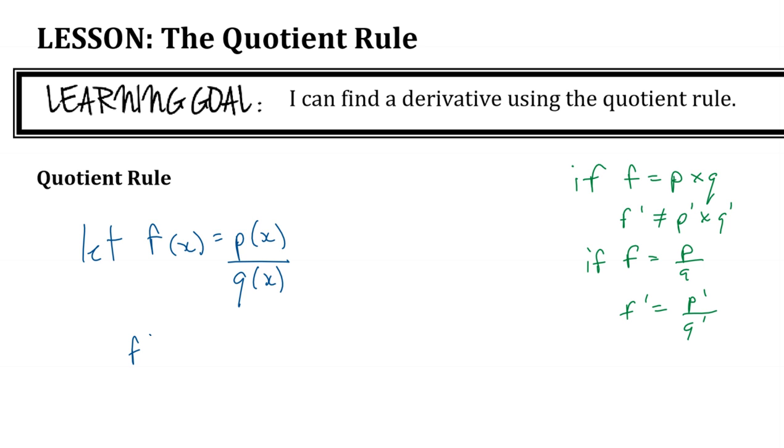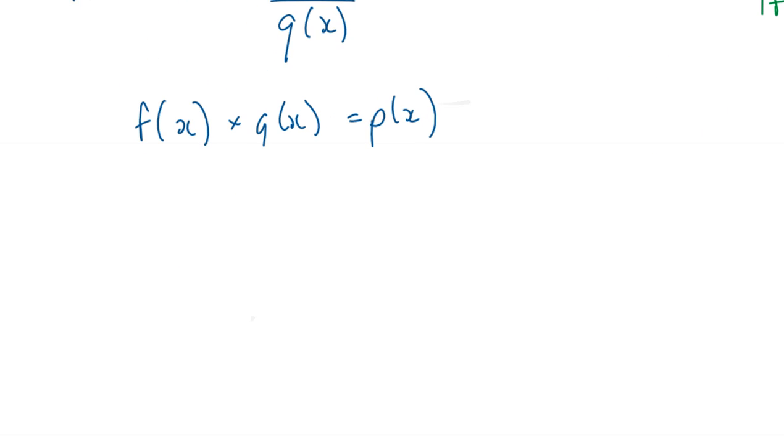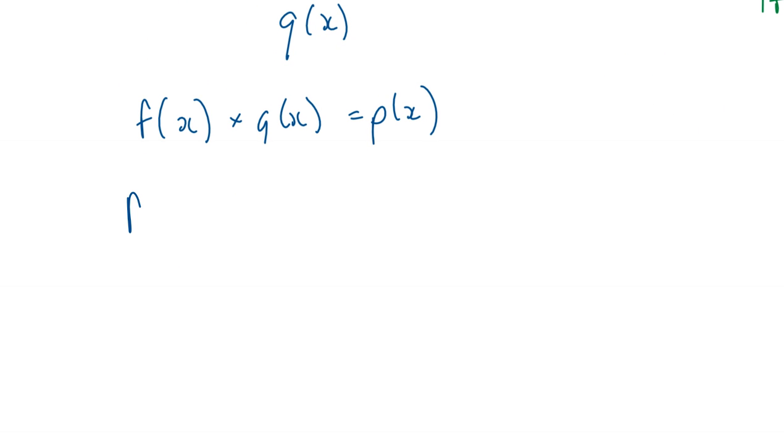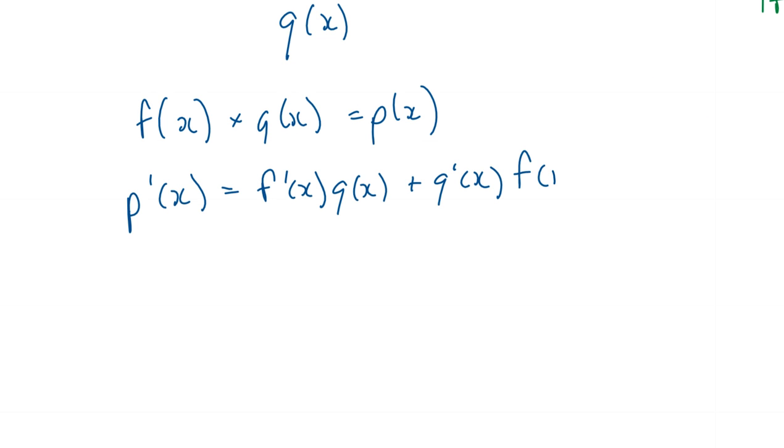No? f at x times q at x equals p at x. Anya, now what can I do? Now we can use the formula that we know, can't we? So p prime is f prime times q plus q prime times f. Now, generally speaking, what do we want to do?